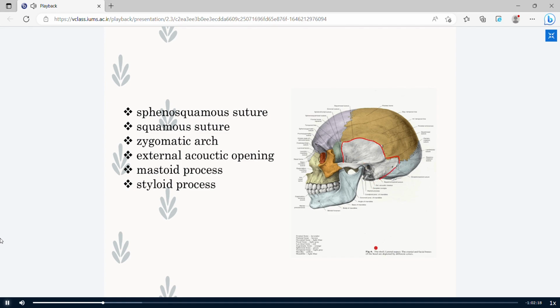Who is the volunteer? Please activate your microphone and answer the question, the name of the suture, for other students.